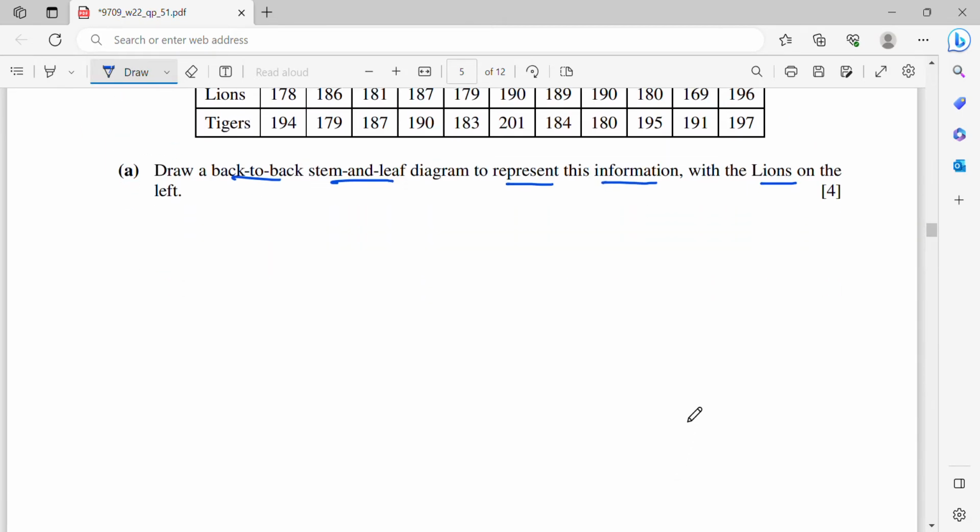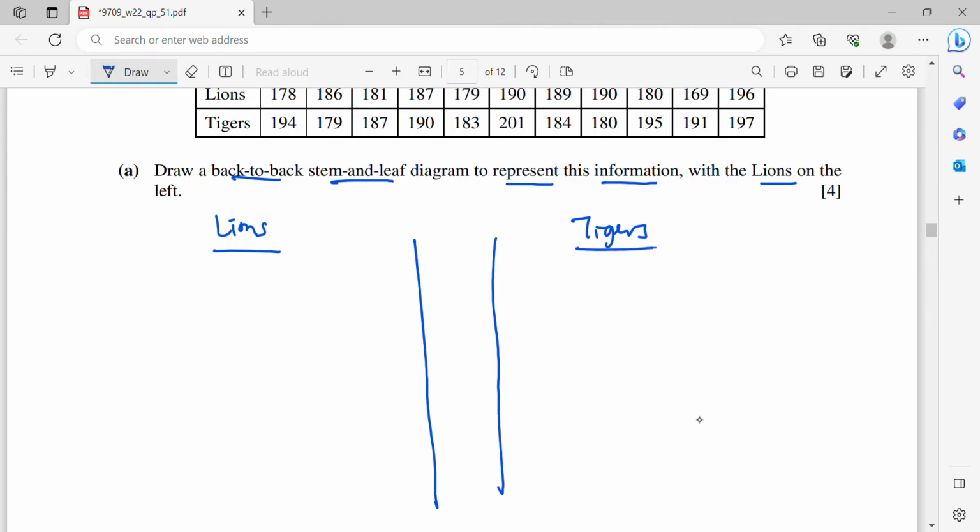Okay, so now I will draw this first. Draw two straight lines. So label Lions on the left, therefore Tigers on the right.